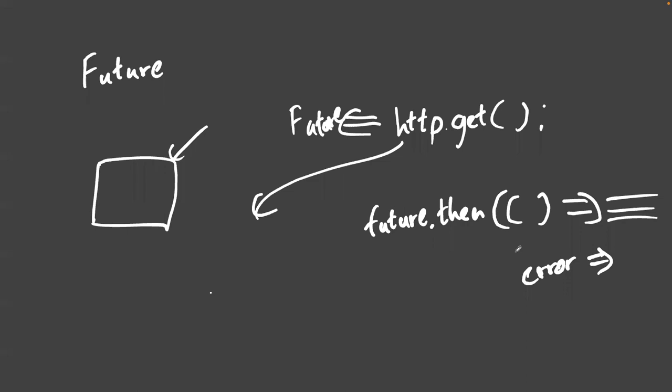So that means when that asynchronous function returns, it will add an event trigger in the event loop, right? Then when that trigger gets a chance, it will go to the future and find out whether there are any callback functions to complete.